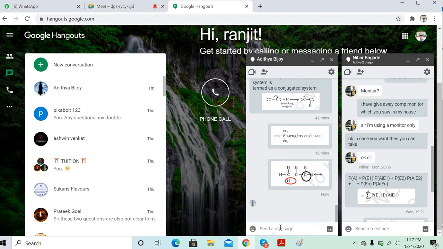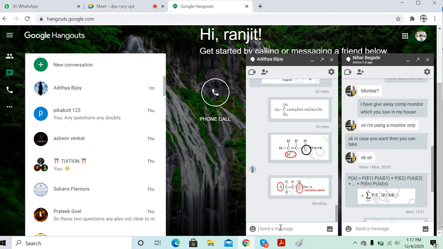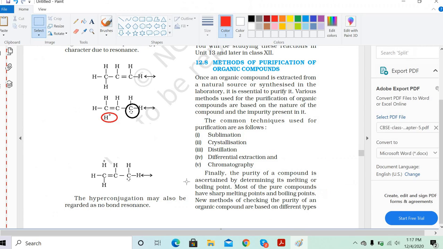It can happen to any of the methyl CH bonds, and this will remain the same.